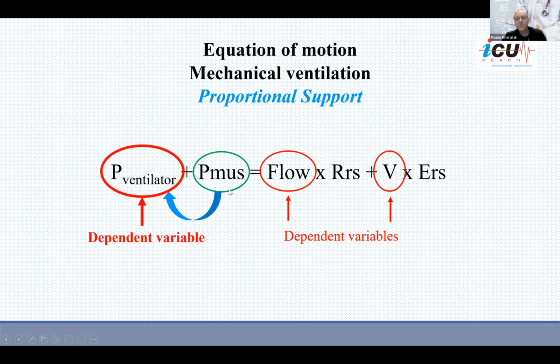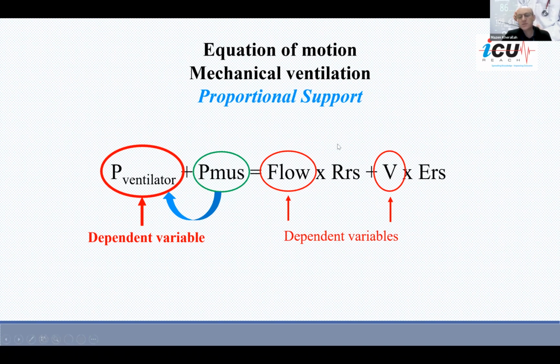Okay. And of course, if the patient is breathing too heavily, decreasing the intrathoracic pressure, he's going to generate more flow and more volume. And those, the flow and volume, are now dependent on how much pressure the patient has generated.